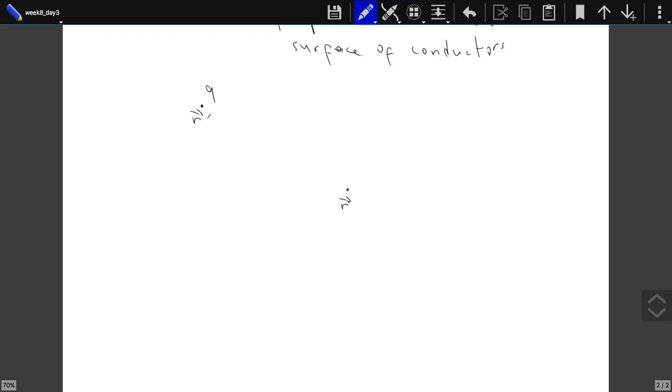Now let's first talk about this vector over here. What is that vector? That is R minus R prime. So we can write the unit vector in this direction, which is R minus R prime over its length.